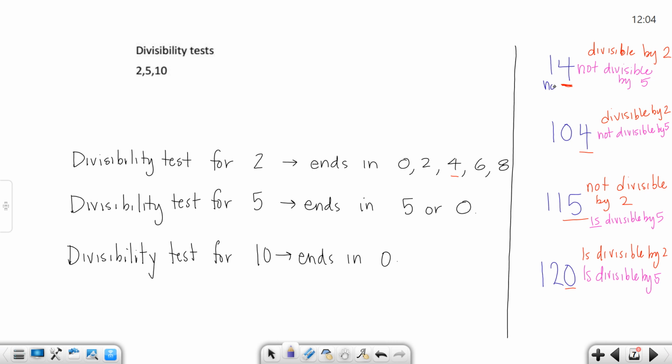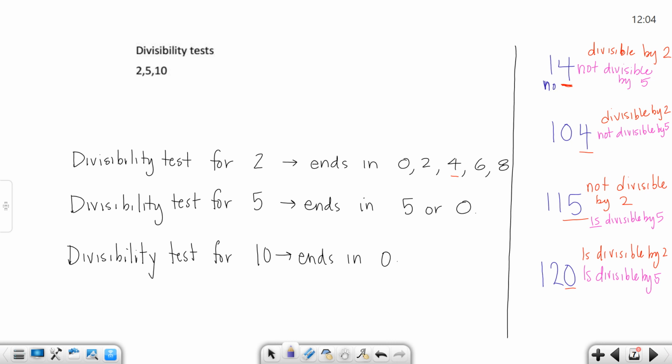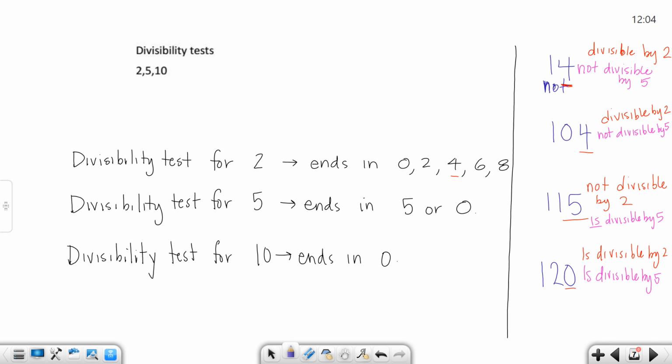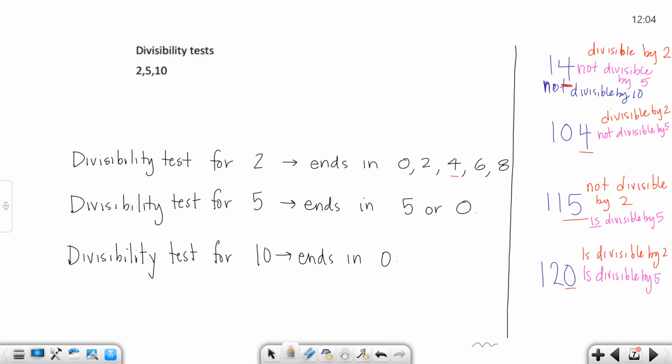Let me fix my color. It ends with a 4, so it's not divisible by 10. This one ends in a 4, so it is not divisible by 10.